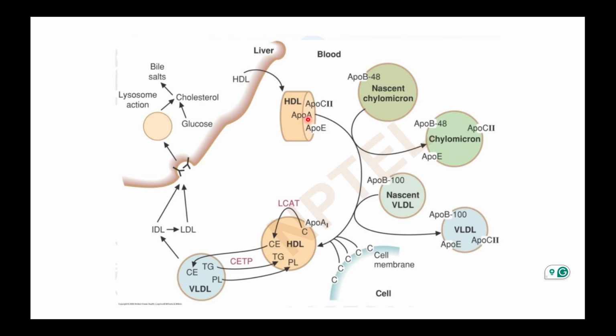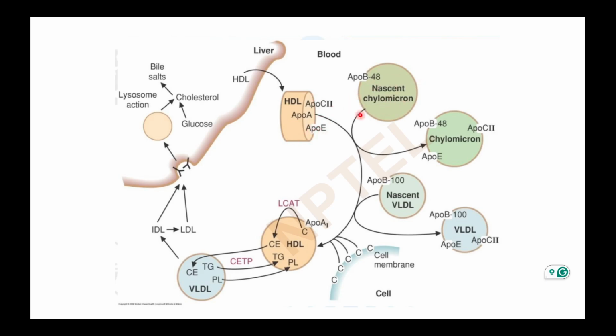HDL molecules are basically carriers of phospholipids and cholesterol along with certain apoproteins. All the apoproteins required for the metabolism of different lipoproteins, most of them are carried by this HDL. So ApoC2, ApoA, ApoE, all of these are carried.